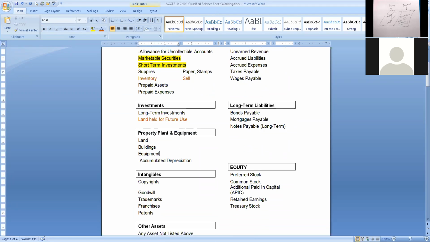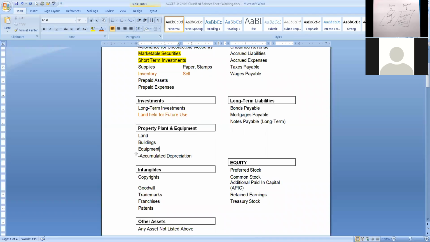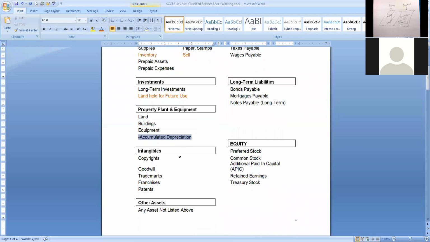So we'll have land, buildings, equipment. It's the most self-descriptive of the categories. And then the buildings and equipment will depreciate. So you'll have accumulated depreciation in here, which we talked a little bit about. So this depreciates.